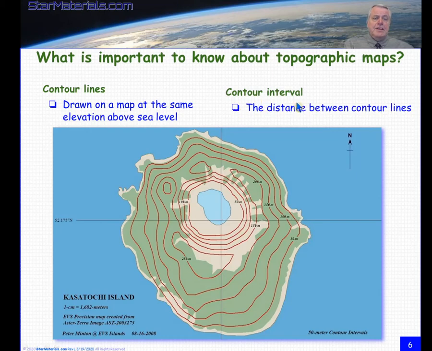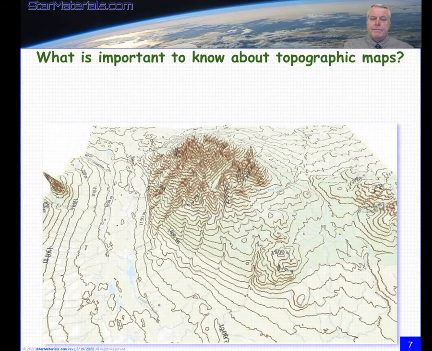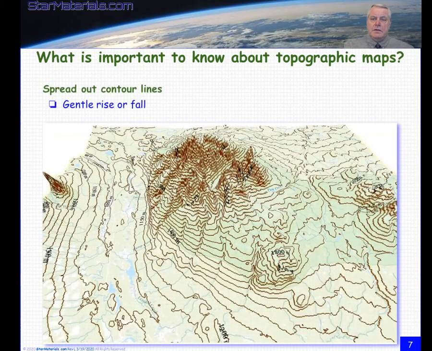Now, the contour interval is simply the interval between contour lines. In this case, it's listed right here. It's 50 meters. And that means that between each line, you have to go uphill 50 meters. Now, if contour lines are close together, like these are, it looks like a mountain.